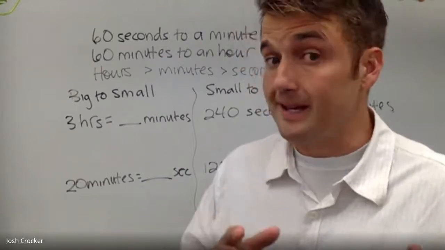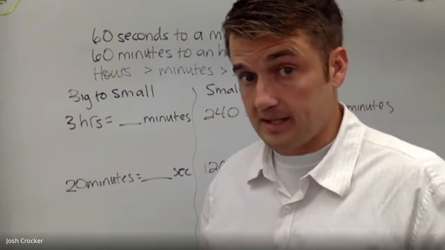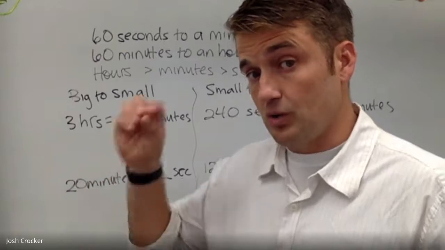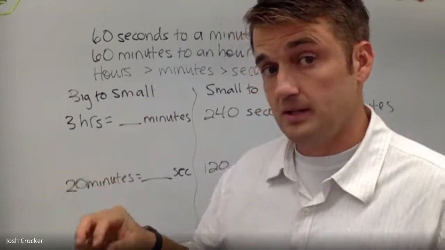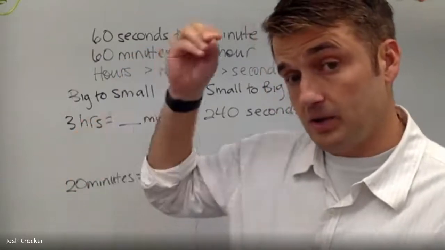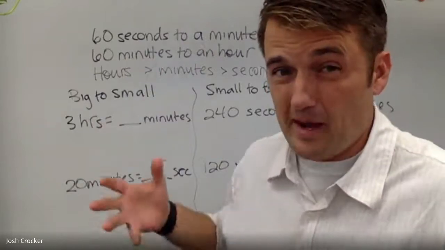When you're going from big to small, like hours to minutes or minutes to seconds, then you multiply, because as you go down into smaller units, the number gets bigger. And as you go up into bigger units, the numbers will get smaller if you have the same amount.